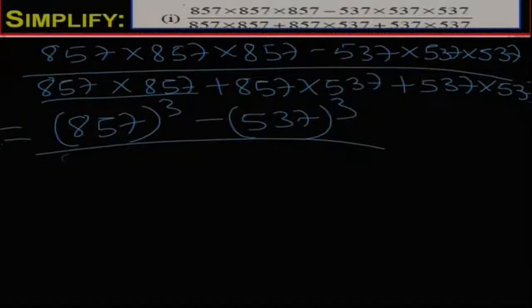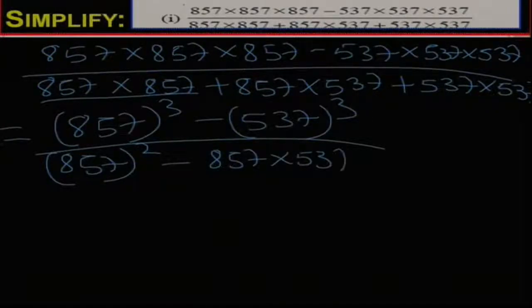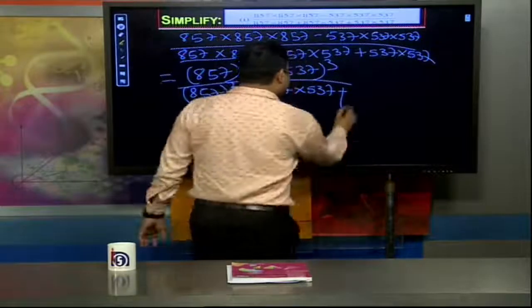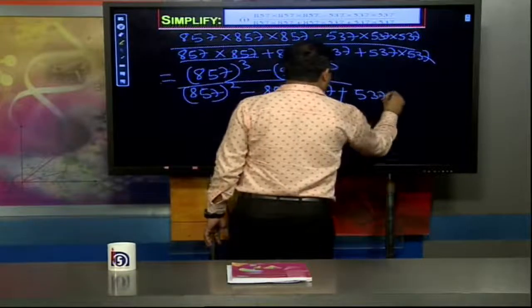So I can write 857 ka whole square minus 857 into 537 plus 537 into 537, that means 537 ka whole square.